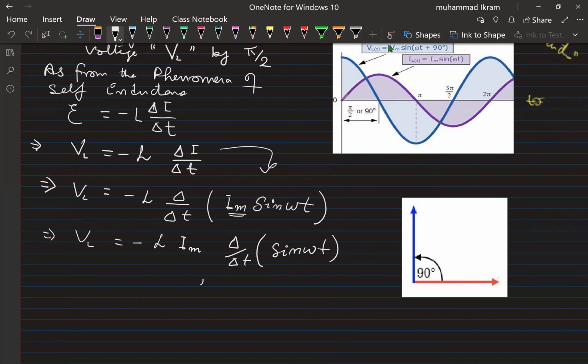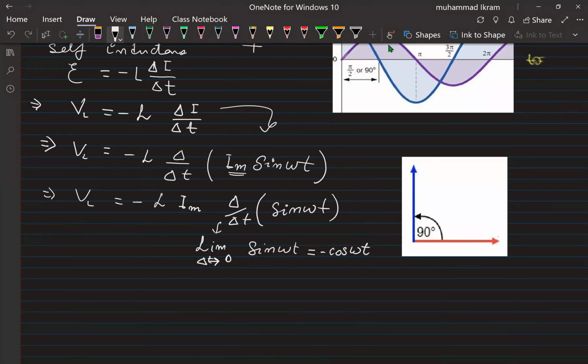When delta t tends to 0, the derivative of sine omega t is cos omega t, with the sign as written here.